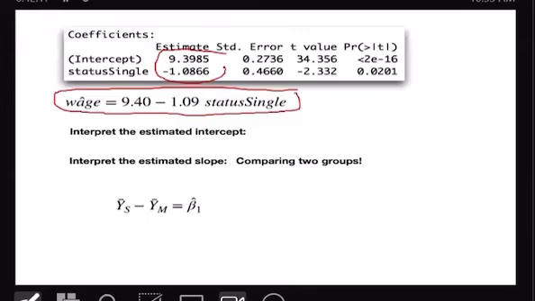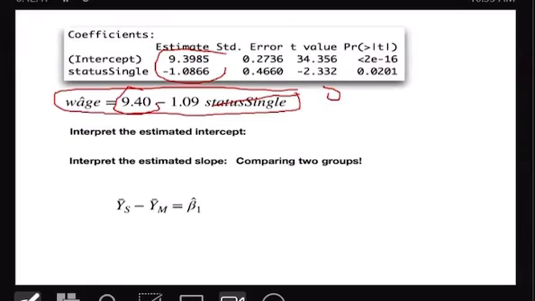Now, if I want to predict the wage when status single equals 0, when you plug in 0 here, then the married workers are getting $9.40. But if you want to predict the wage of a single worker, you plug in 1. When you plug in 1, that will be 9.40 minus 1.09. Then the single worker earns less.